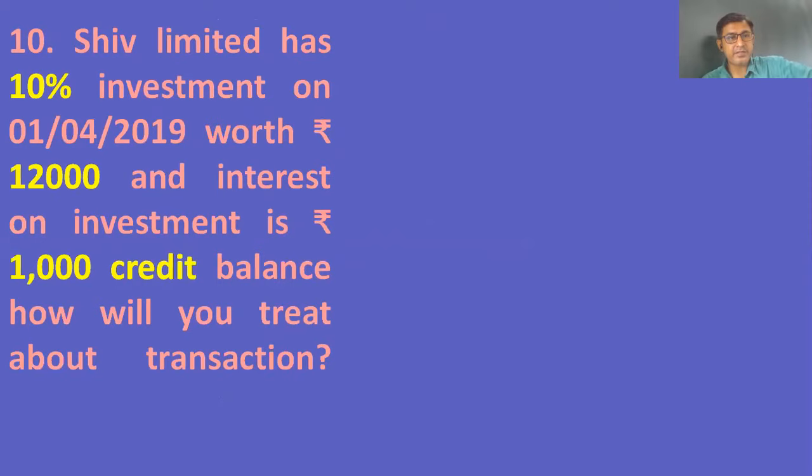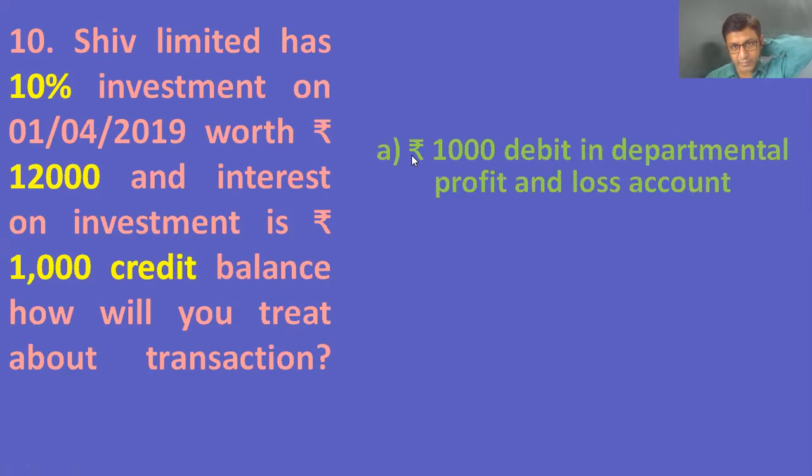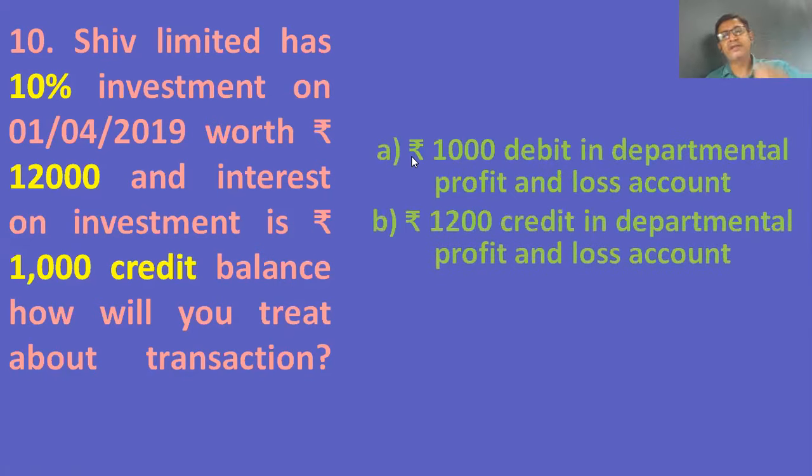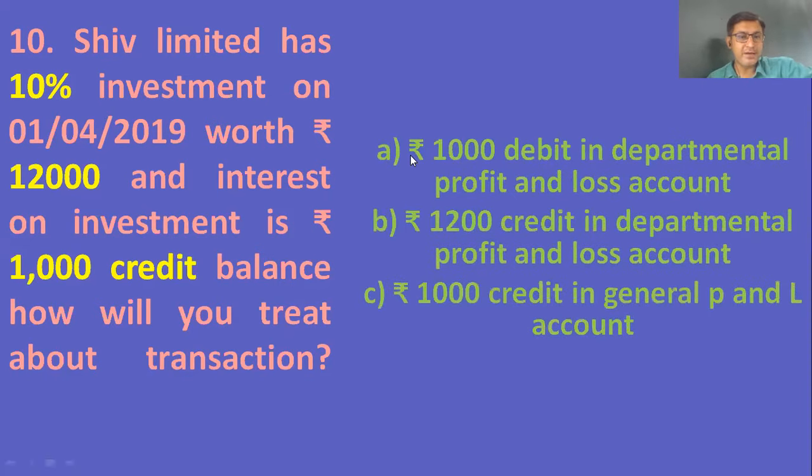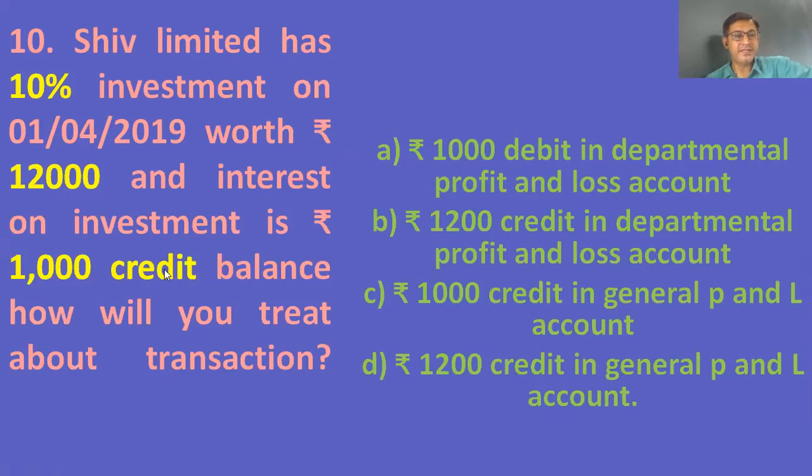Investment percentage is given 10% and the amount is 12,000. So on 12,000, if we calculate 10%, it will be 1,200. So the exact amount that should be shown is 1,200, but only 1,000 is credited. So the entry should be made as per 1,200.